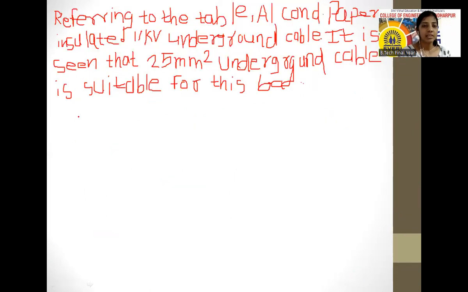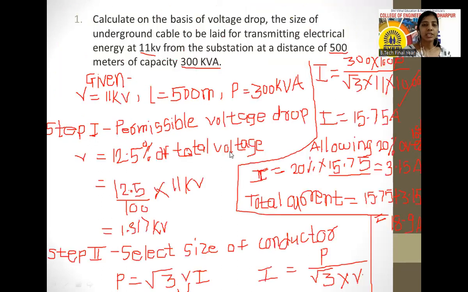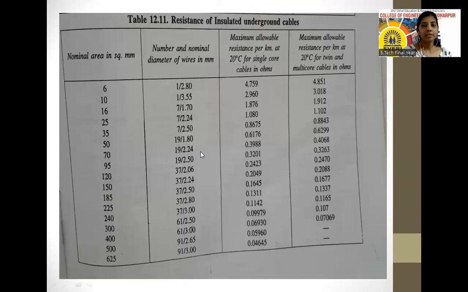So we have to find the resistance per kilometer. For checking the resistance, we have to check the table here.